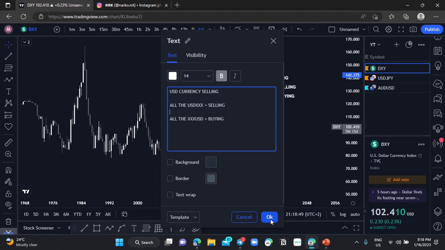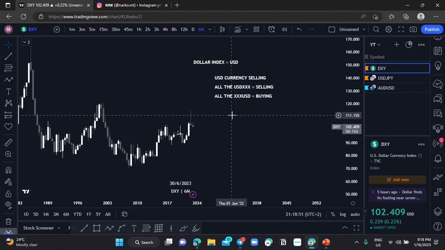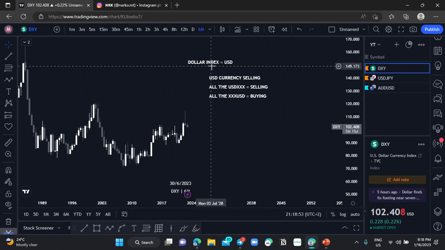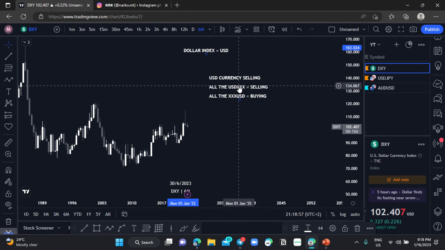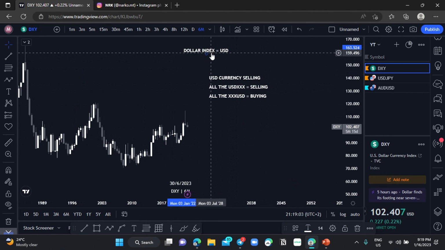So as you can see here, the USD currency correlates with the pairs that start with the USD on the left side, and then it decorrelates with the USD pairs that start with another currency and USD on the right side.